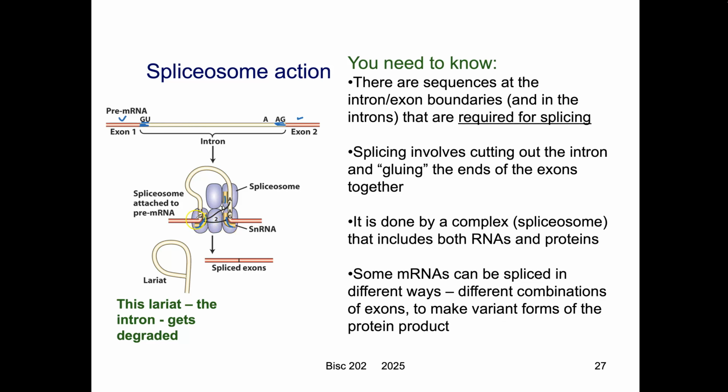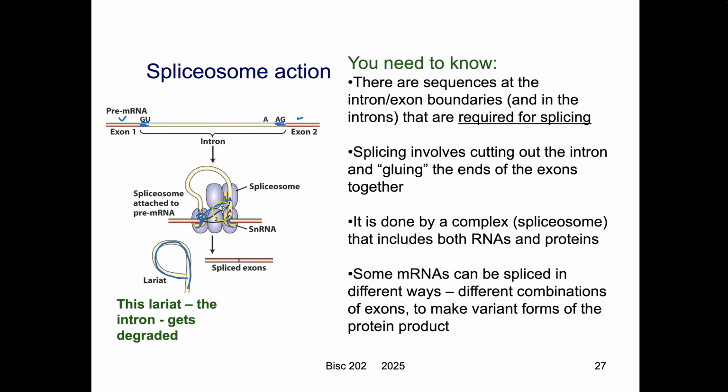And they make cuts, and then this part of the intron is attached to this A up here to make this weird lariat structure, which then gets degraded, and then these two exons are stuck together, right?